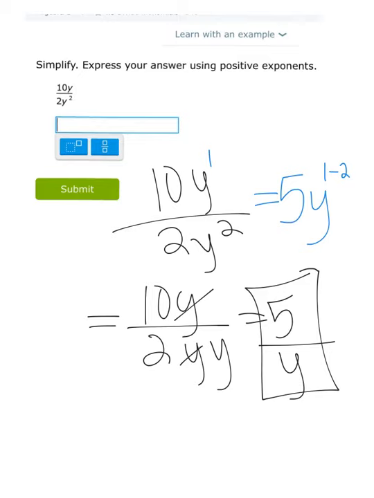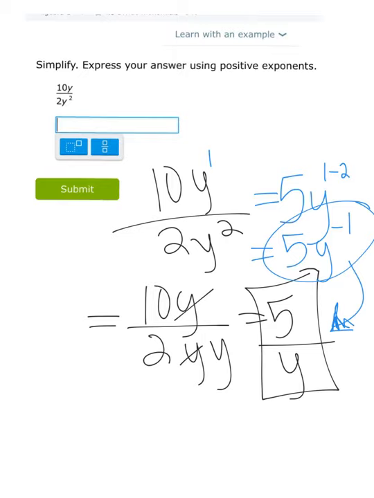So I would have 5y to the negative 1. And remember, we don't want a negative exponent, so in order to make that negative exponent positive, I would have to move it to the denominator, which is what would result in this final answer that I have boxed in, 5 over 1y.